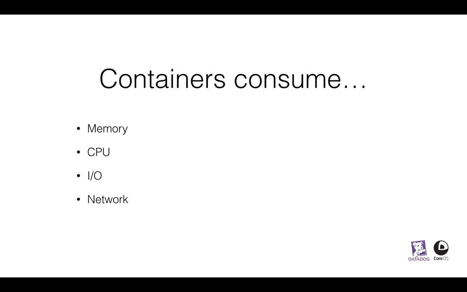Now, obviously, this depends on the workload, and your application might have other metrics that you need to keep an eye on, but this is at least a good place to start from. So those metrics really break down into four major buckets. Memory, there's CPU, there's I/O, and of course there's network.